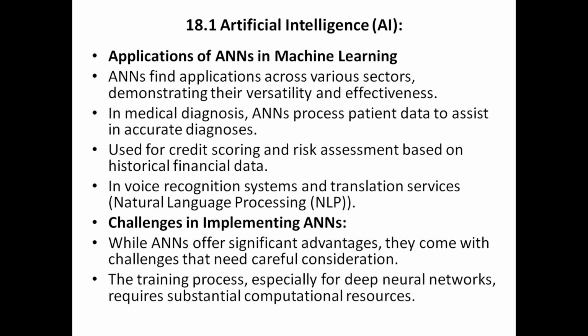Challenges in implementing an ANN. While they are very advantageous, very beneficial, there are a handful of limitations or disadvantages as well. The training process, especially for deep neural networks, can be very taxing on your computer. There has to be a lot of processing involved.